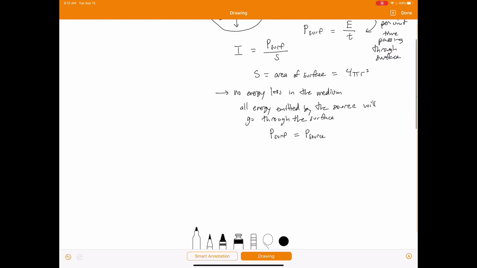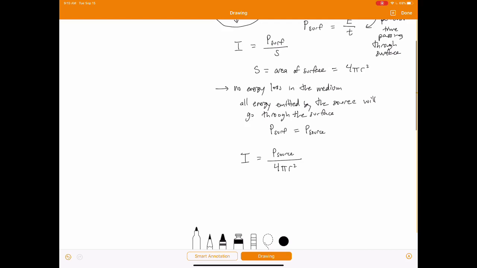So therefore, the intensity of the waves is P source divided by the area, which is 4 pi r squared. And that's where the inverse square law comes from, because we have intensity proportional to r to the minus 2.